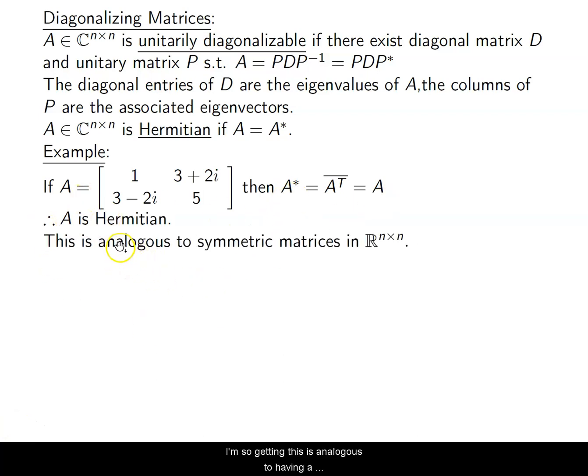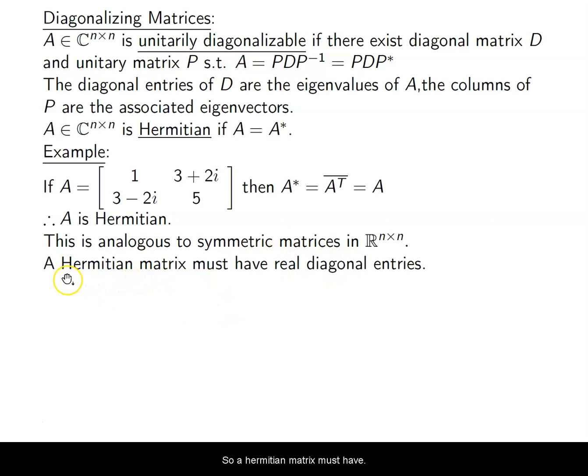So again, this is analogous to having a standard symmetric matrix in a real vector space that's n by n, right? So the things we can do with Hermitians are the same things we can do with symmetric matrices. So a Hermitian matrix must have real diagonal entries. Otherwise, when you take your complex conjugate, you wouldn't be able to get A back out, right?